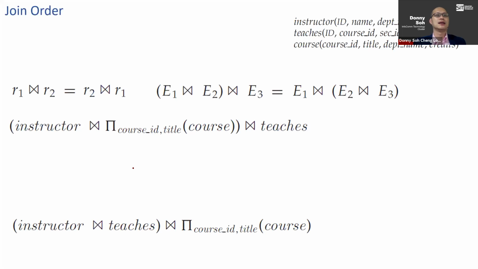Next, these are again two representations of the same thing. This one is instructor join with the projection of course and teaches, and this one joins teaches and course first, and then joins with the other. They are all equivalent, and what happens is that there is a so-called enumeration of this kind of expression in your database whenever a query is being done.